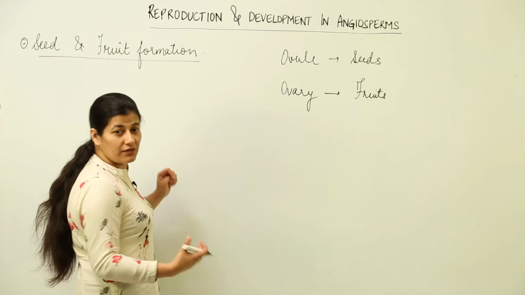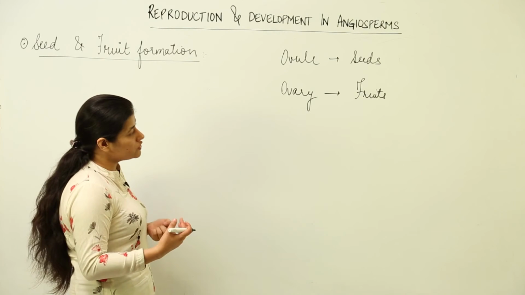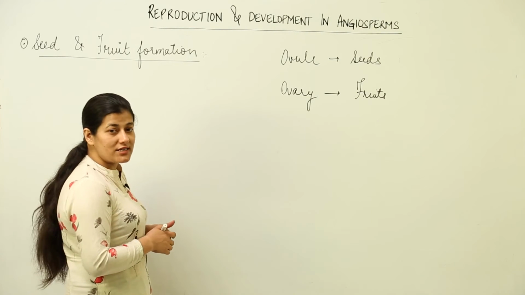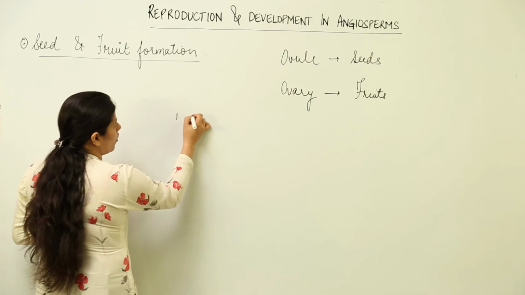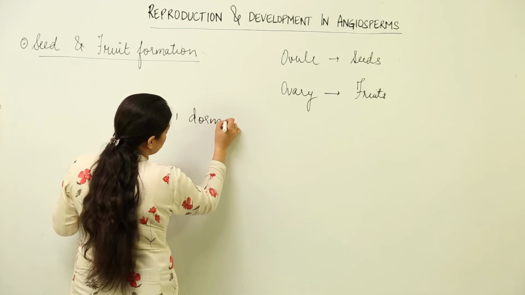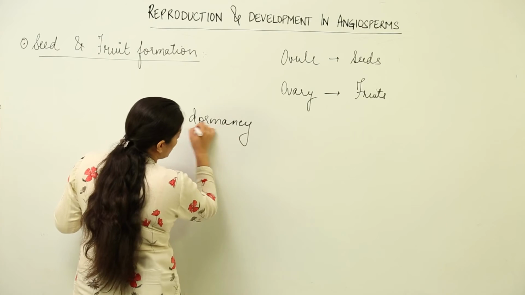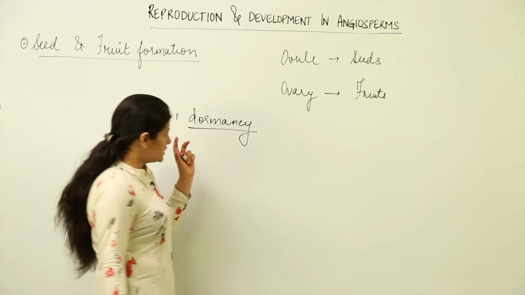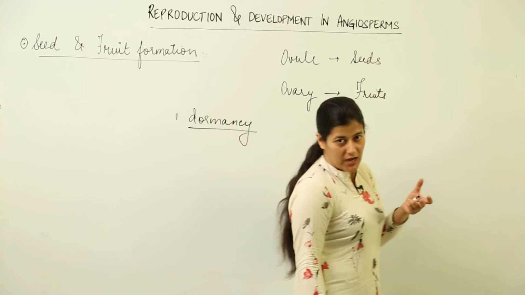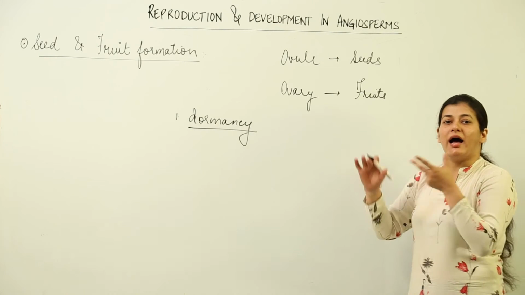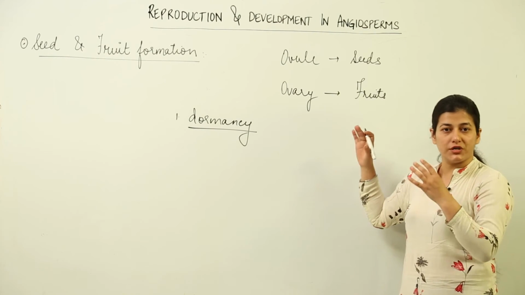And what is the significance of this formation of seed and fruit? First thing is that seeds undergo dormancy, which enables the seed of a particular plant to withstand the unfavorable conditions for a long duration of time.